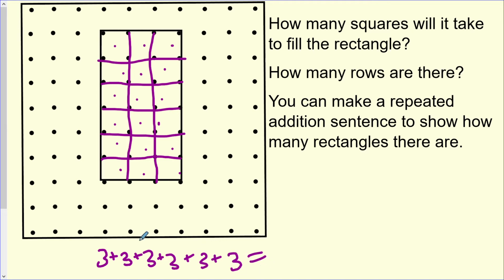Now, there's your repeated addition sentence. That's your equation that can tell you how many squares are inside of that rectangle. Let's add them together. So I know 3 and 3 is 6, 3 and 3 is 6, and then we have 3 and 3 is 6. So I have 6 plus 6 is 12, 12 plus 6. Do you have it? Count on. 18 squares in all.